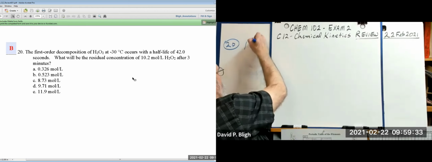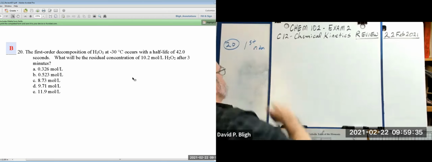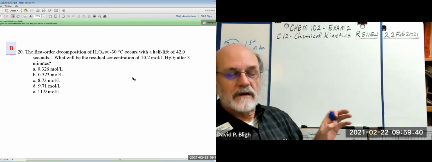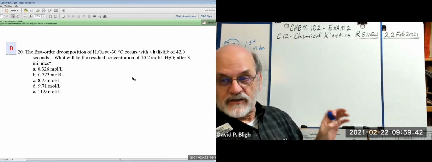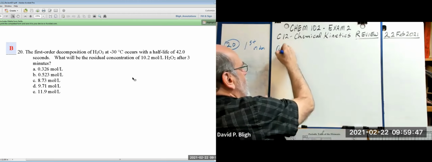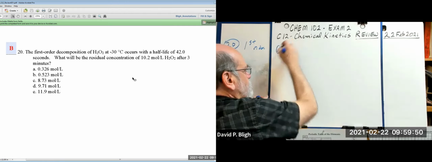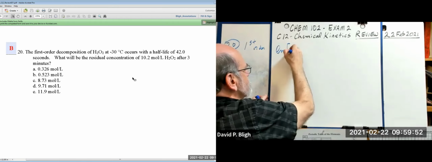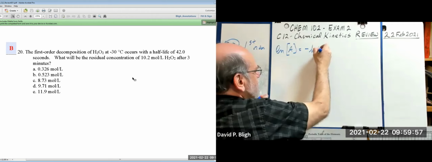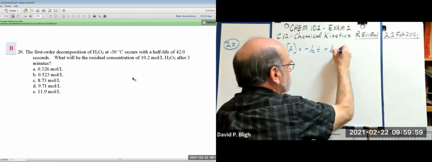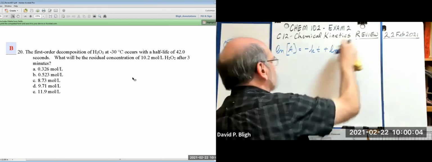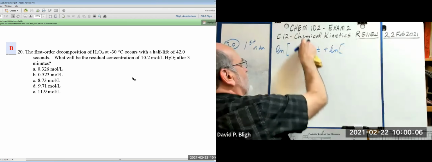So it's first order, right? What does that mean for our integrated rate law? It's going to be the natural log, is it not? So natural log of minus kT plus, well, I shouldn't do that because we have a defined reactant, don't we?